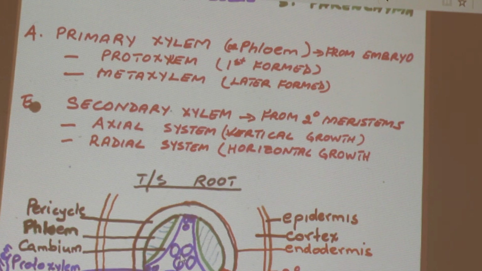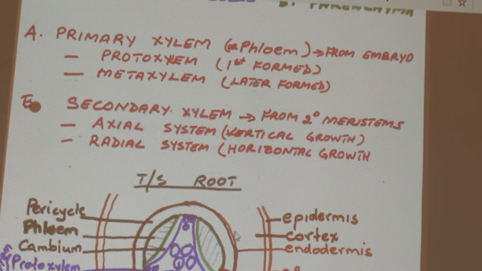So this is later formed, this is first formed. But when it comes to phloem, we don't bother about first formed or later formed. We just normally talk about secondary phloem, primary phloem. We don't separate it.